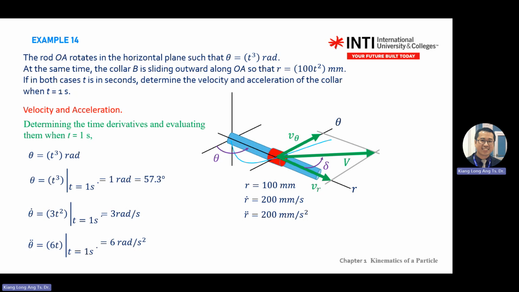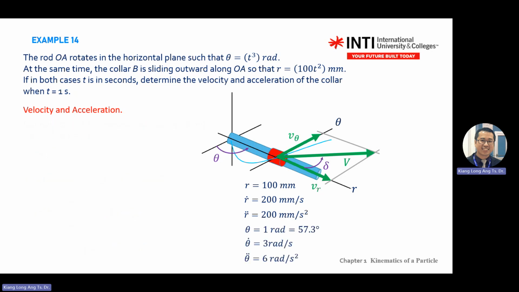Here, radian, put in theta. 2 pi radians equals 360 degrees. You do the conversion: 1 radian equals 360 divided by 2 pi. Now you multiply this constant with the value.